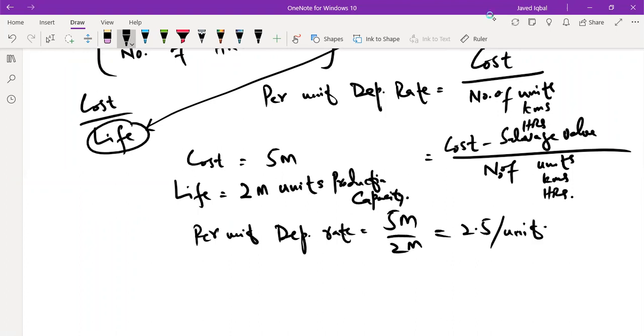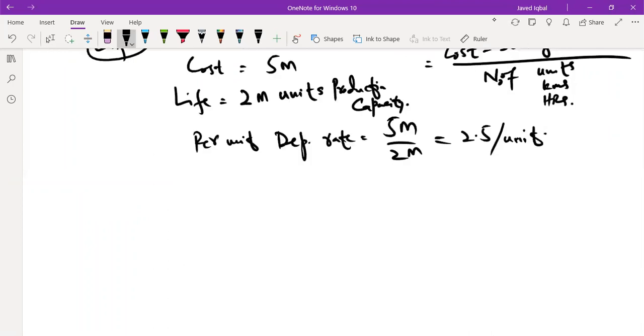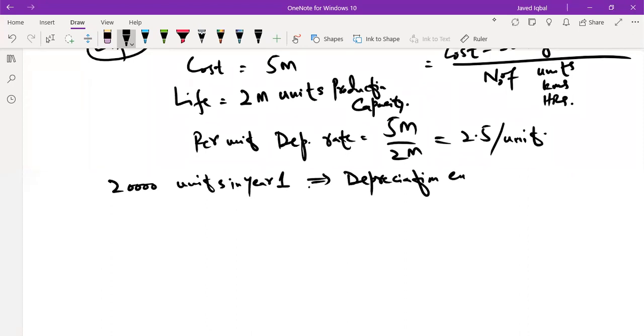So if you produce 20,000 units in the first year, then depreciation expense should be calculated as 20,000 multiplied by 2.5, which in this case will become 50,000, right? So this was your second method.